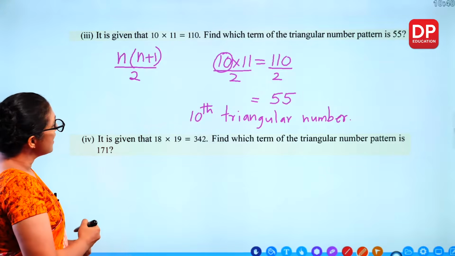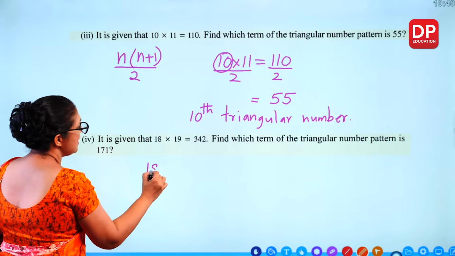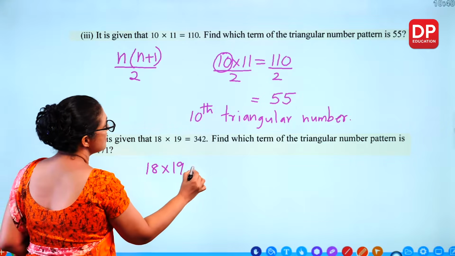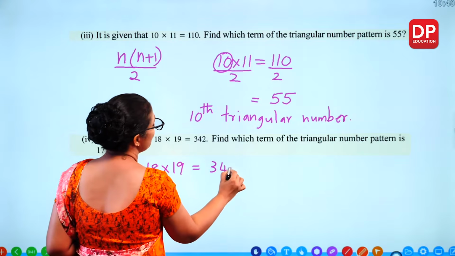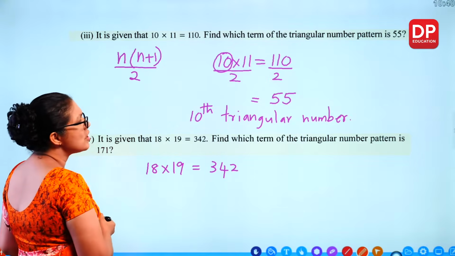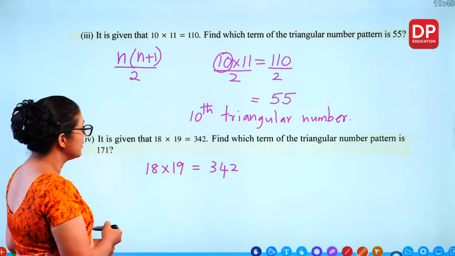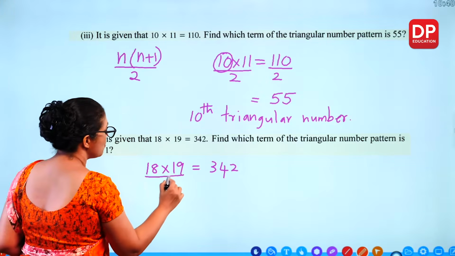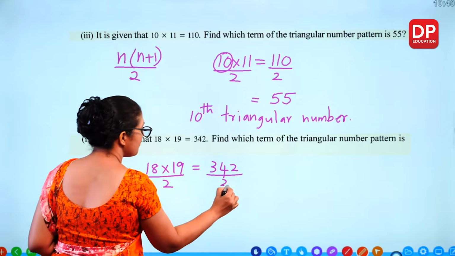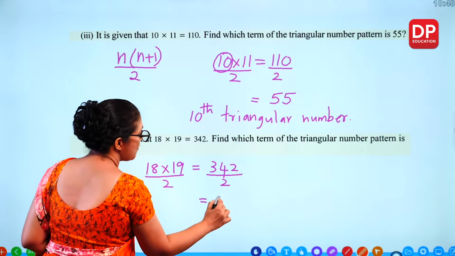It is given that 18 times 19 is 342. Find which term of the triangular number pattern is 171. Now we'll divide by 2 and see. 2 times 1, 2.